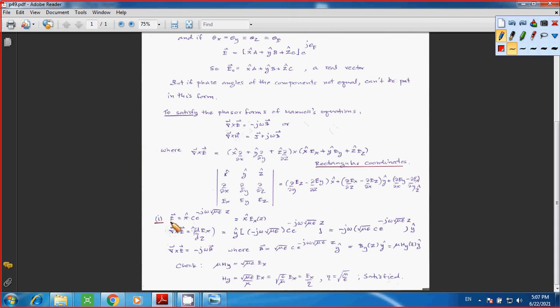For case 1, E is given as unit vector x, C is a constant, times exponential negative j omega square root mu epsilon z. Actually E has only an x component and depends on z only, it does not depend on x and y. So you apply the curl of E in rectangular coordinates.